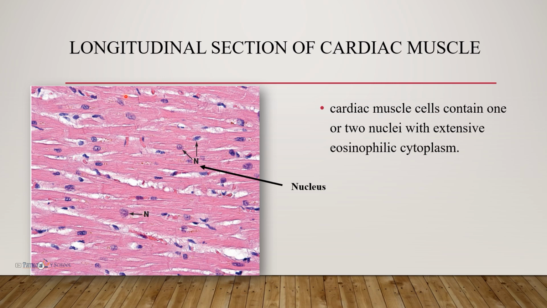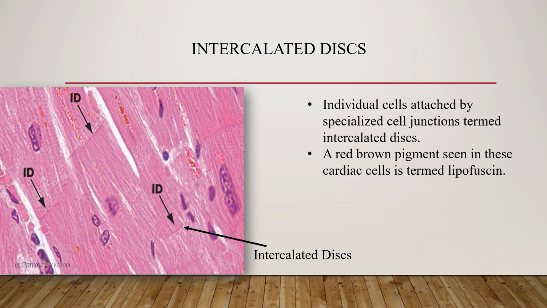These are branching myocytes. In this diagram, we can see these transverse striations called intercalated discs. These are specialized cell junctions which join the individual cells, and in this diagram we can see this reddish-brown pigment, which is the lipofuscin pigment.